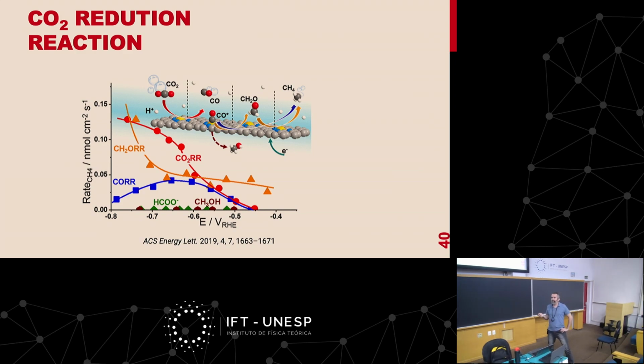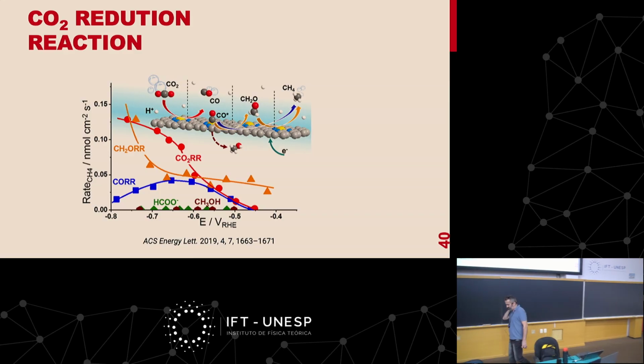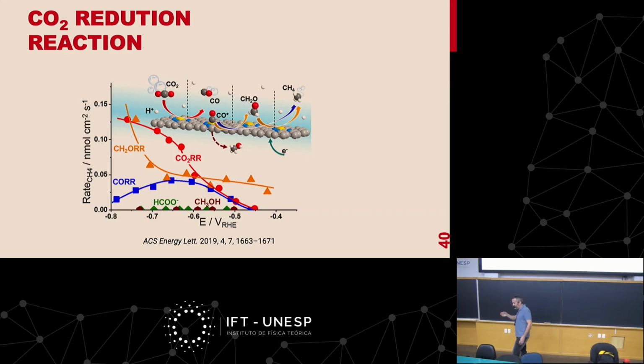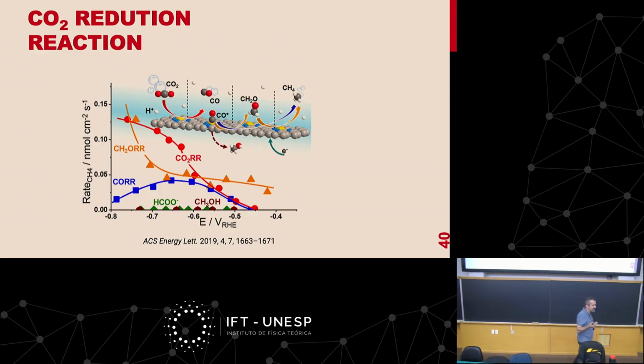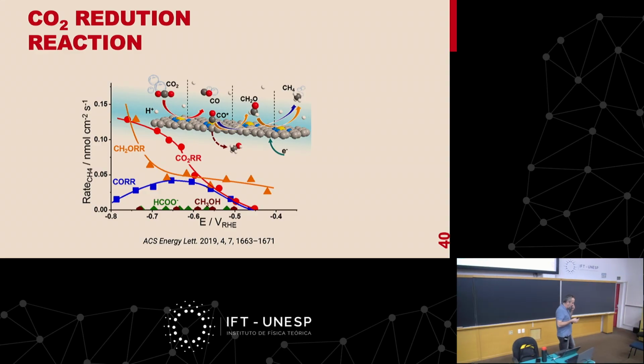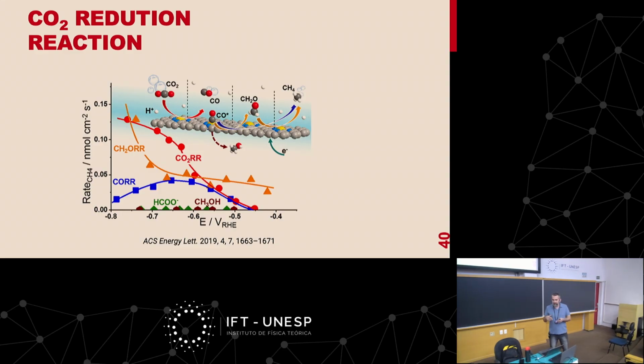And so I told the students, okay, Lucas, let's study. It was a project funded by the Brazilian oil agency, ANP. And then I told him, okay, we have to study CO2 reduction. I'm not an expert in this area. And then he asked me, what paper should I read first to try to study about this?